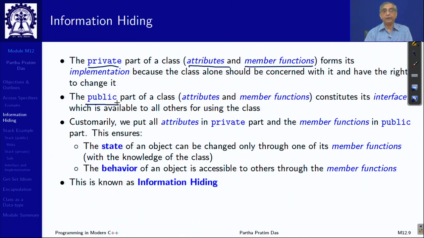That is the public part. The public attributes, if I choose to keep some data members as public, and public member functions constitute the interface, which is known and available to anyone outside this class and can be used to get the service from the class.